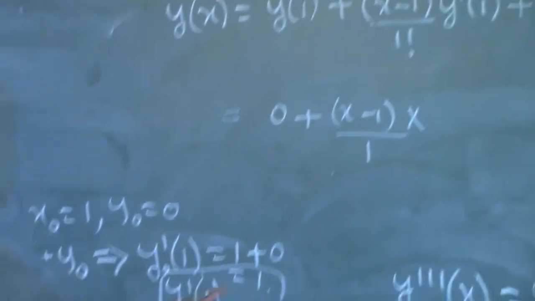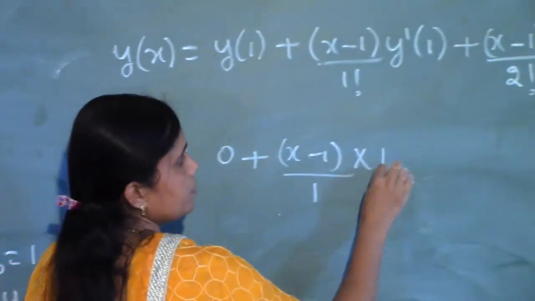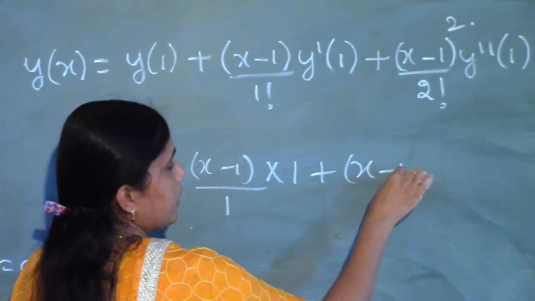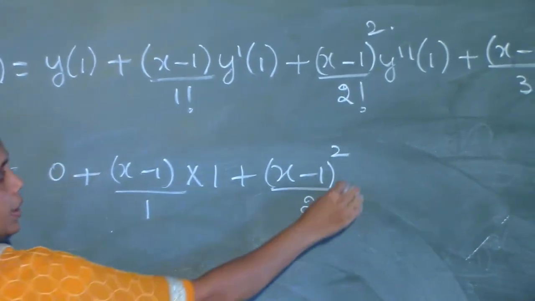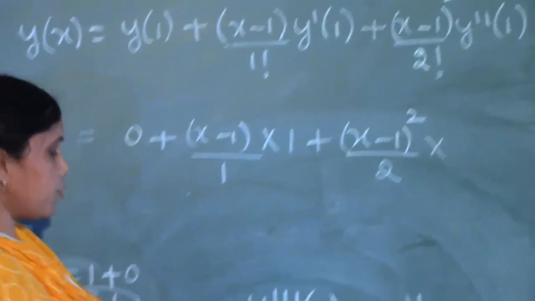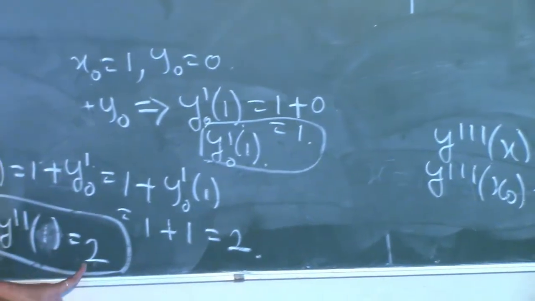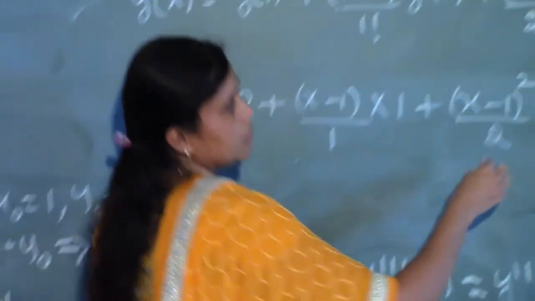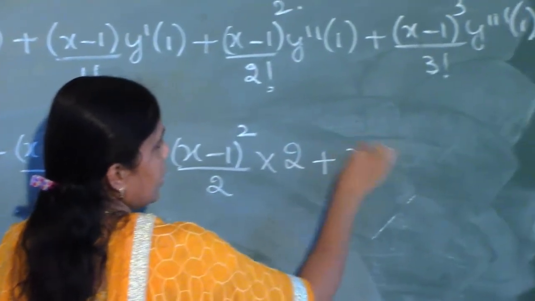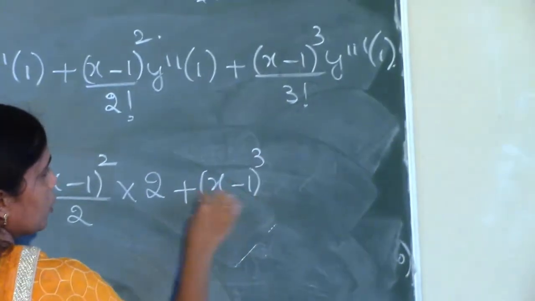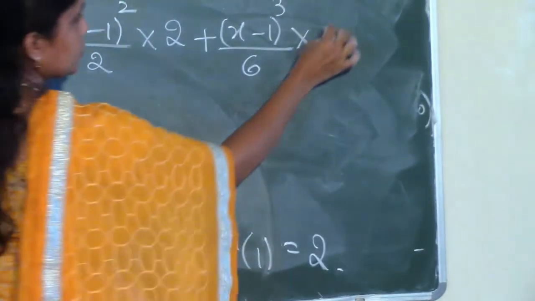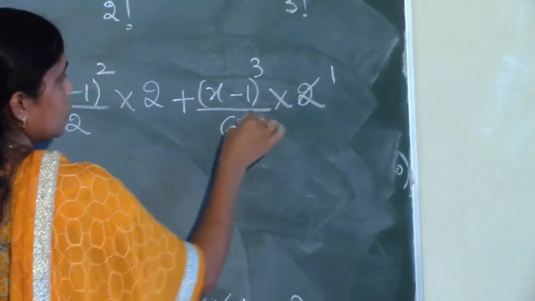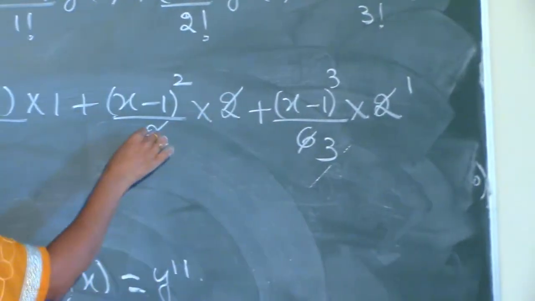Your y dash of 1 value is 1 plus x minus 1 whole square by 2 factorial value is 2 into y double dash of 1. So y double dash of 1 value is 2. Substitute here plus x minus 1 whole cube by 3 factorial value is 6 into y triple dash of 1. Y triple dash of 1 is 2. 2 ones are 2, 2 threes are 6, 2 cancels.